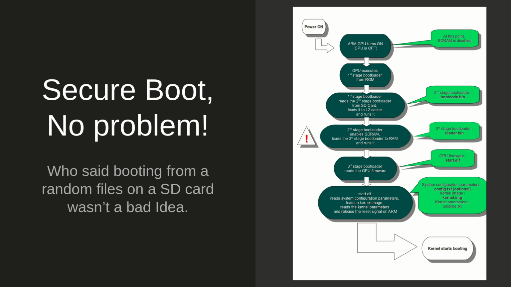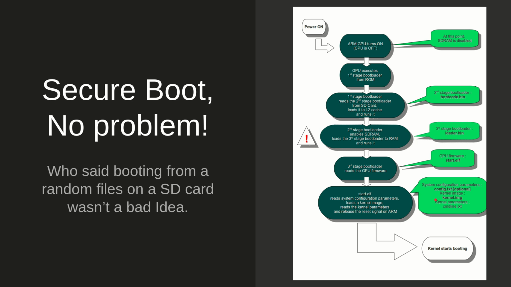It's a little fun program which reads in a file called config.txt. Using those parameters, it sets up the environment for the ARM. It loads the kernel, and it can take kernel parameters from cmdline.txt.